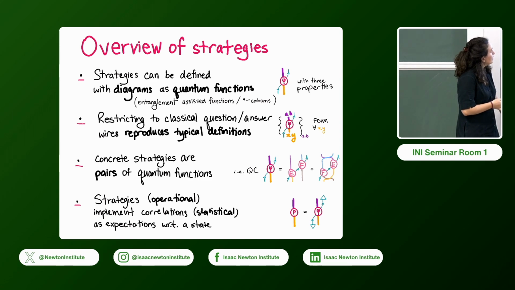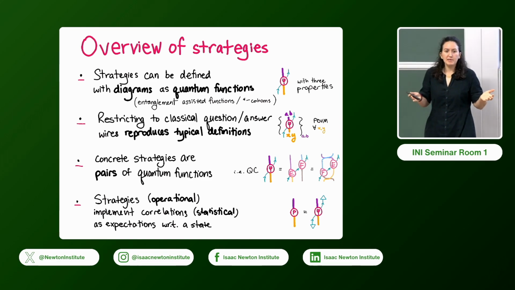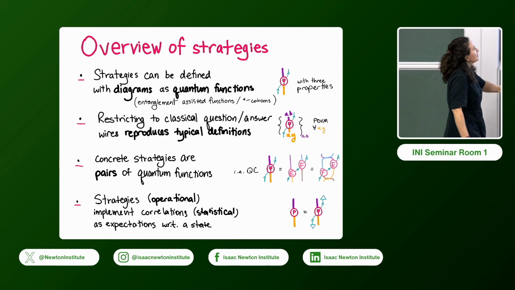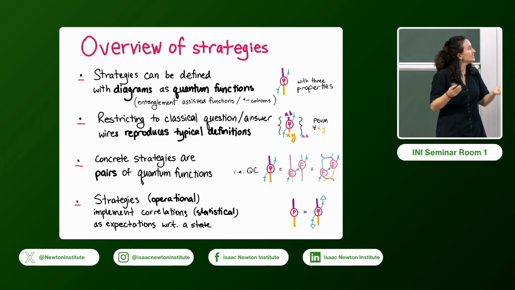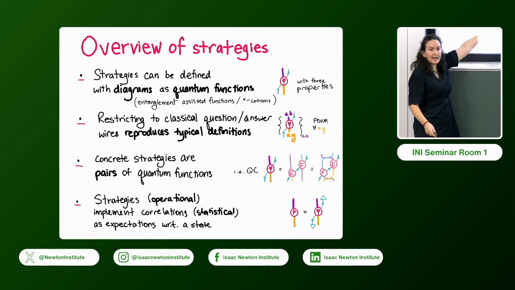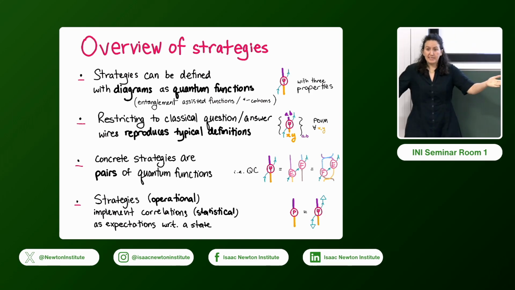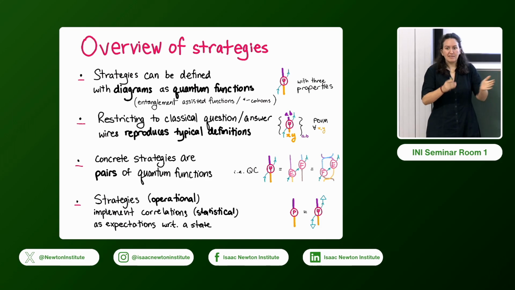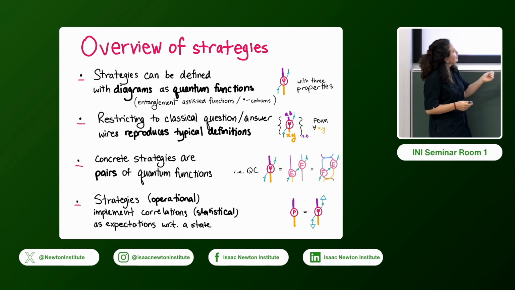Okay. This is still kind of a bad definition for strategies, though, because we actually want to enforce some kind of separation on the players. So you can think of this second point as more of a template for strategies. But if you want actual concrete strategies, like strategies that could be physically implemented by separated players, like we have in non-local games, you need to consider some different definitions of strategy classes, and you can do all of this diagrammatically.